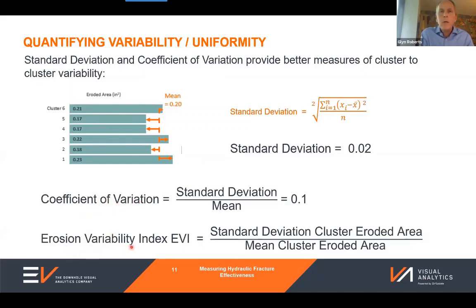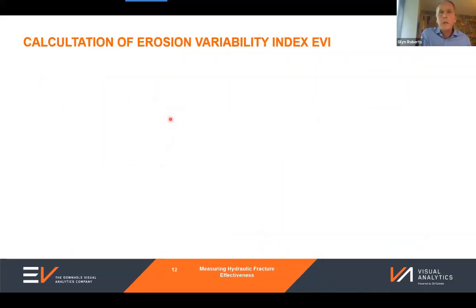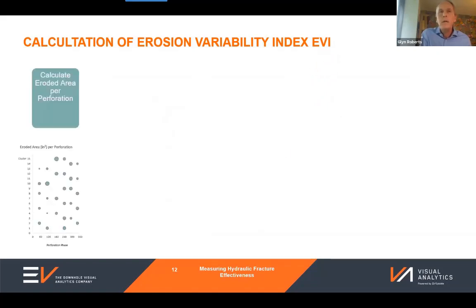So erosion variability index is what we will refer to it from now on, but it is numerically equal to coefficient of variation. So the standard deviation in the cluster eroded area divided by the mean of the cluster eroded area. So if you want to see that whole equation for that whole process from the beginning of calculating EVI, and everything else I'm going to show you from this point on will be EVI.